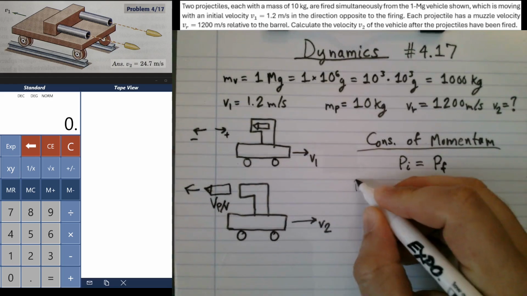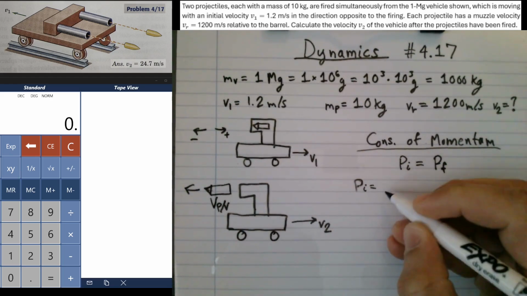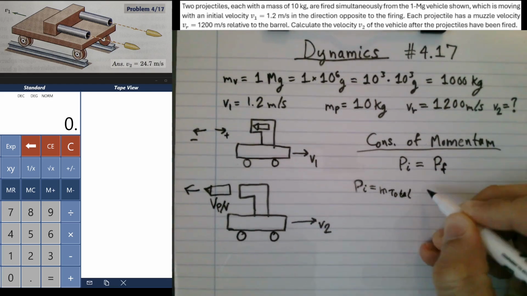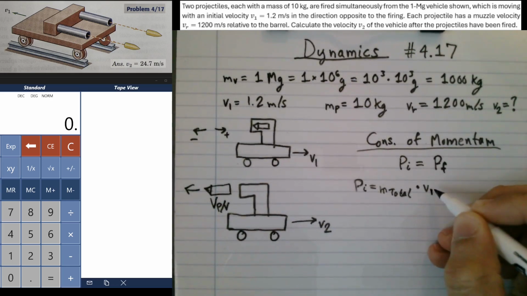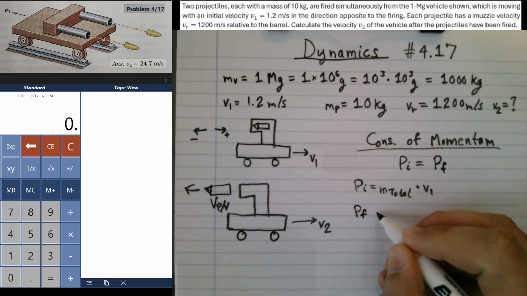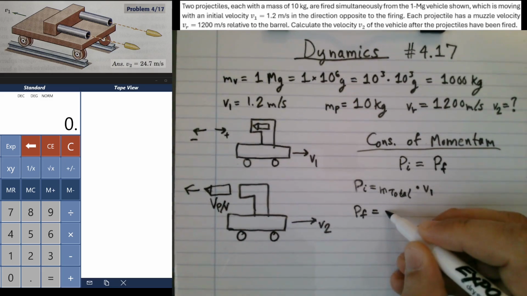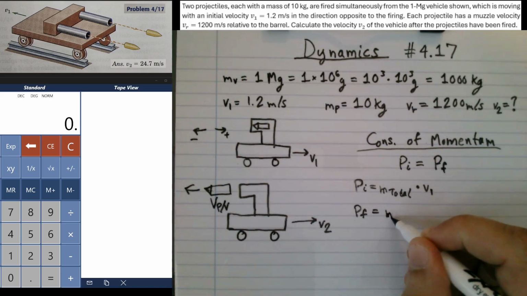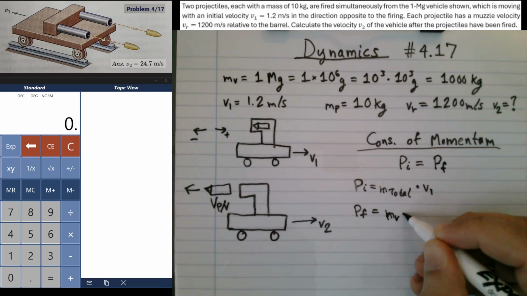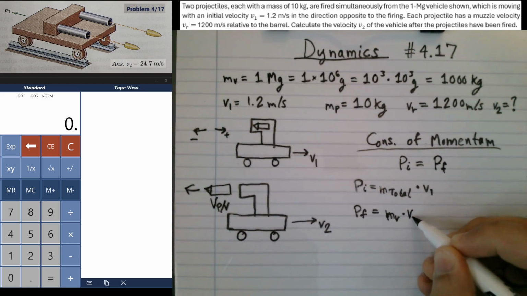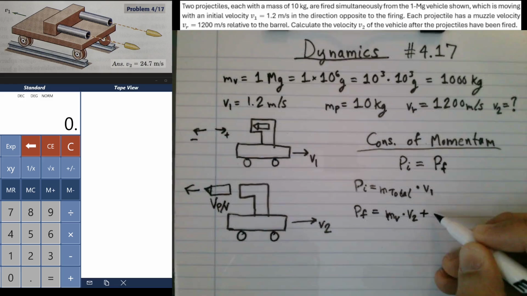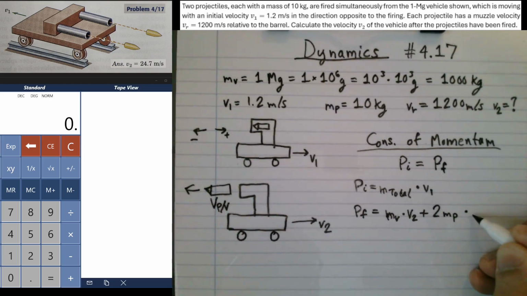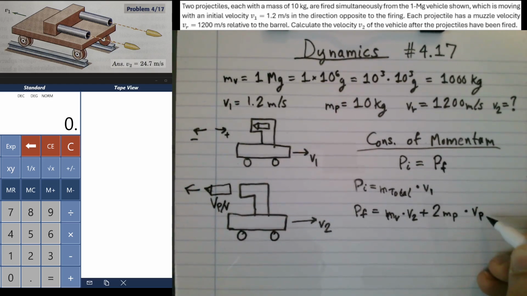The initial momentum in the system is equal to the total mass of the vehicle and the projectiles multiplied by its initial velocity v1. The final momentum in the system, when they're separated, is equal to the mass of the vehicle multiplied by its velocity v2, plus we have two projectiles, so 2 times the mass of the projectile multiplied by its absolute velocity, that is, relative to the Earth.